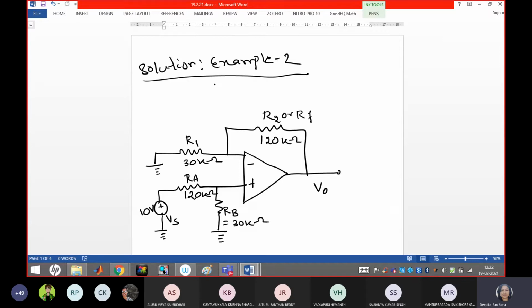Yes, guys. Volt, ma'am. Okay, plus 10 or minus 10 volt? Plus 10, ma'am. Plus 10 volt. How many of you got the answer? Please raise your hand. Good.